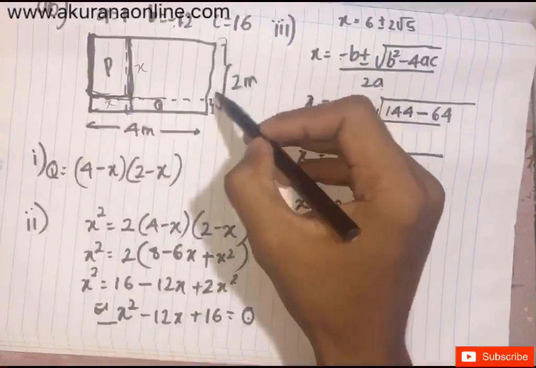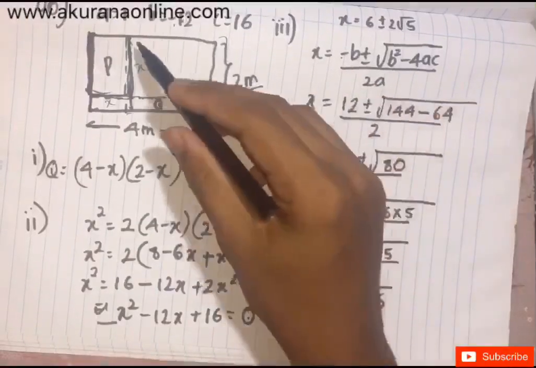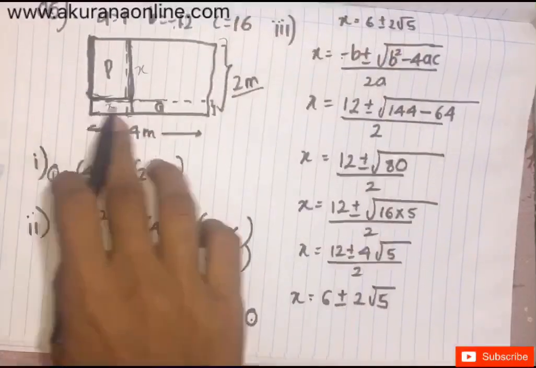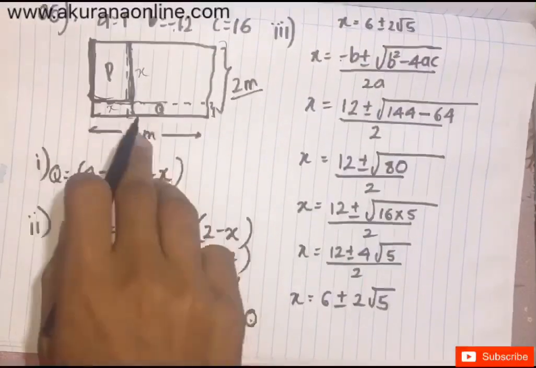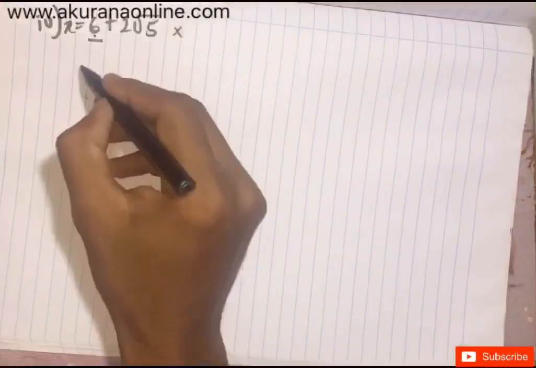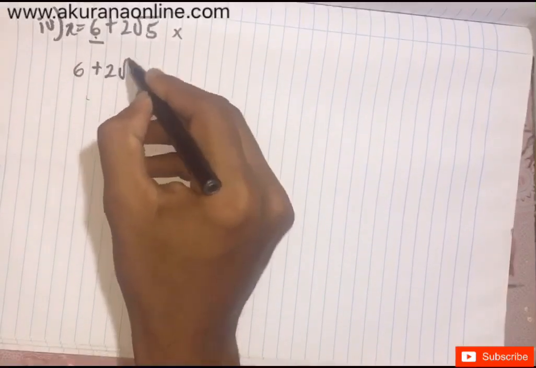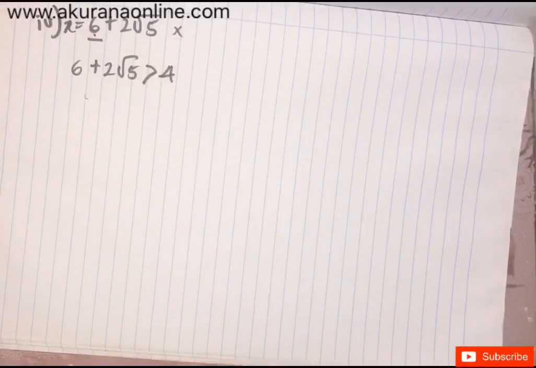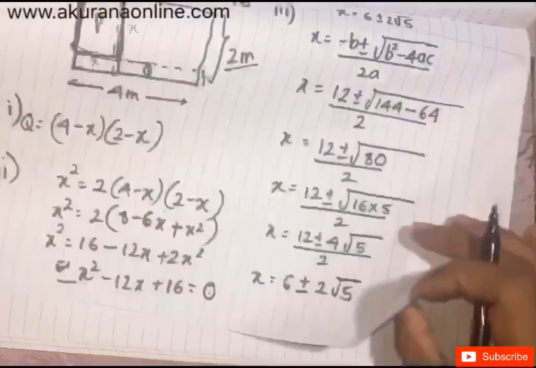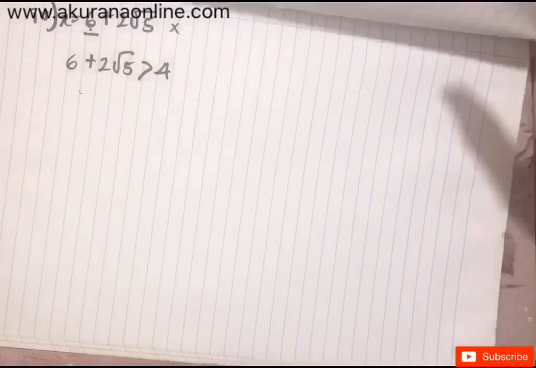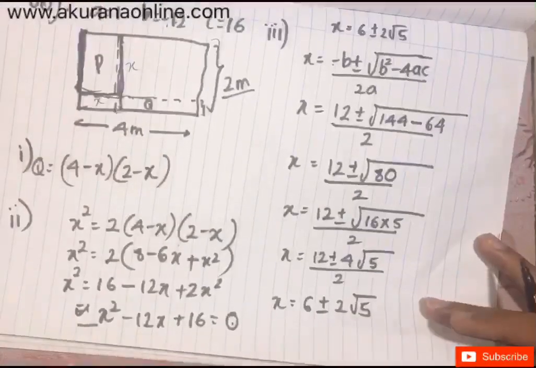Even if you take the breadth side, you can't cut 6 meters from the breadth side. And if you take the length, you cannot cut 6 meters. The maximum you can cut here is 4. So therefore you can say this value is greater than 4, and even greater than 2 as well. You can show whatever you like.